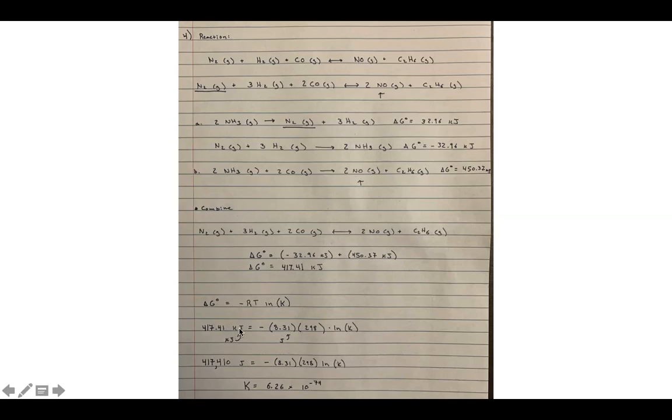So all I did is convert my delta G naught to joules. So 417,410 joules is equal to negative R times T times the natural log of K. When you solve for K, it comes out to 6.26 times 10 to the negative 74th power. So it's incredibly, incredibly small.